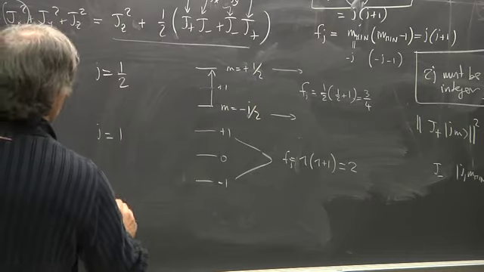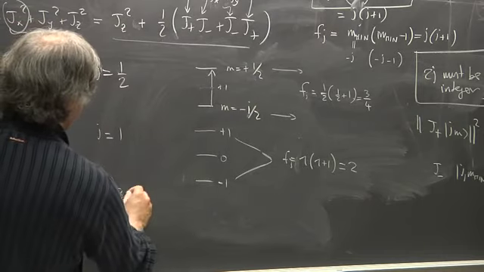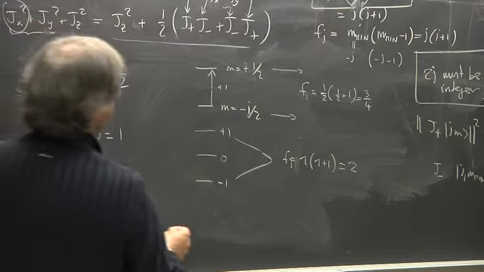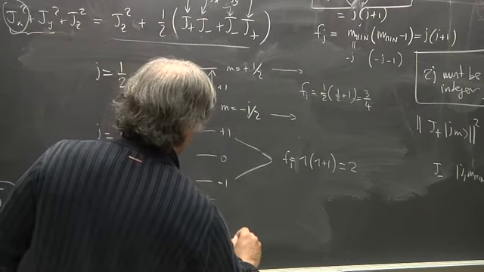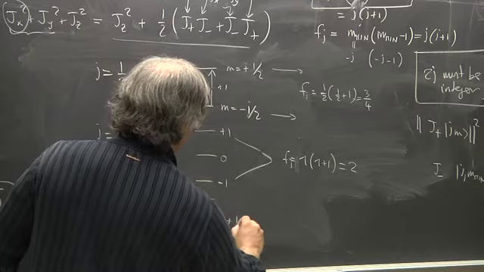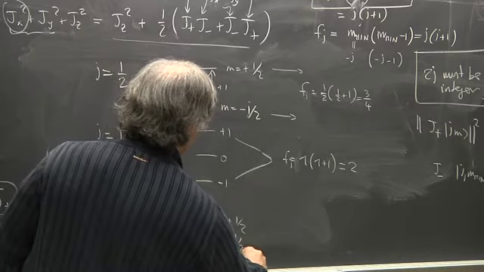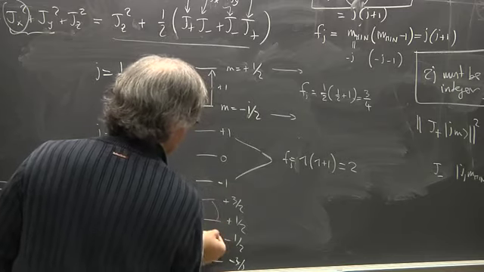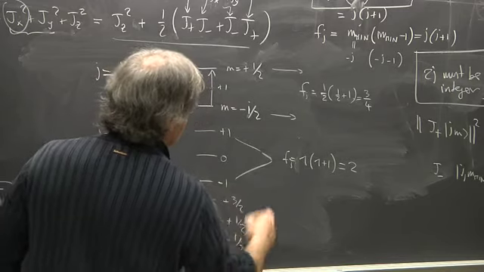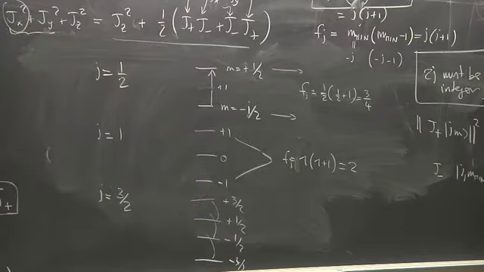J equal to, the next would be 3/2. It has four states that are minus 1/2, plus 1/2, minus 3/2, plus 3/2. Okay? Still steps of integer, as you see, and all with the same j squared, and so on.